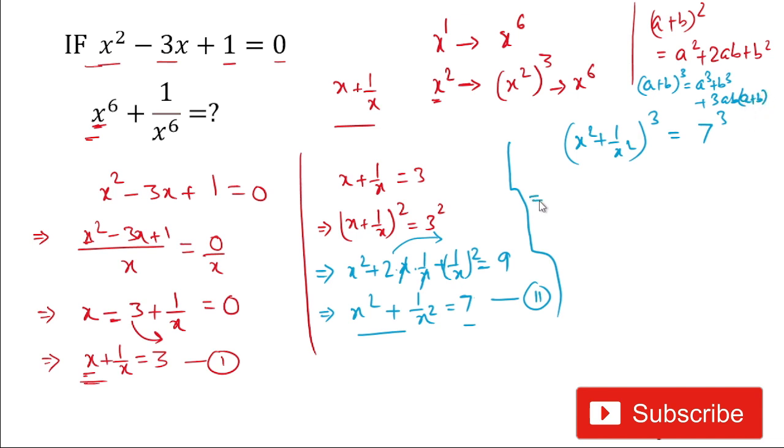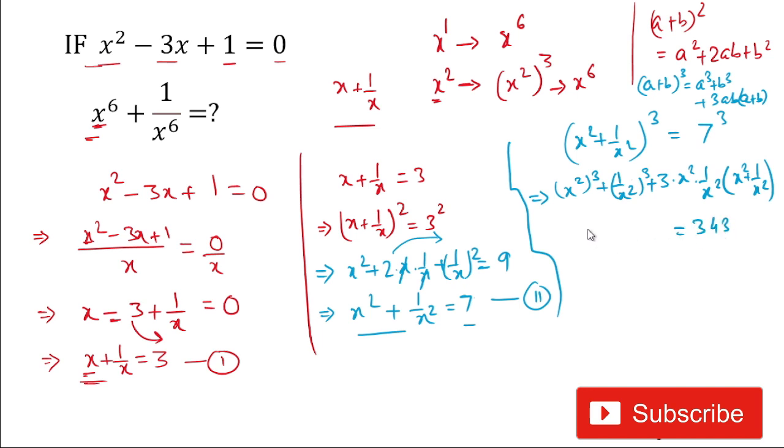So we'll write it here. This is x square cube plus 1 by x square cube plus 3 times x square times 1 by x square multiplied by x square plus 1 by x square is equal to 7 cube.